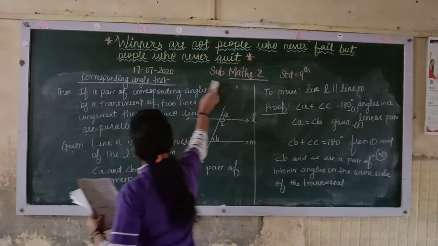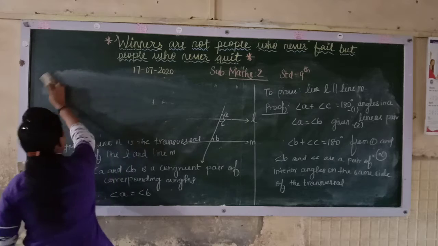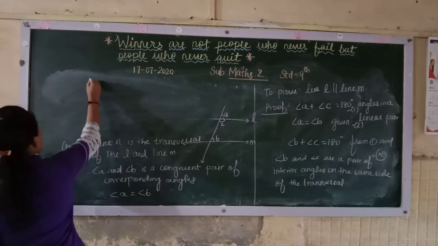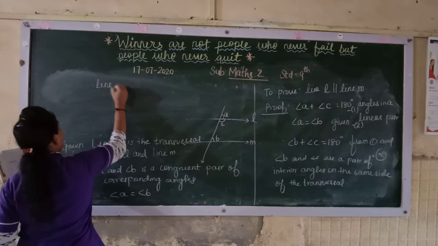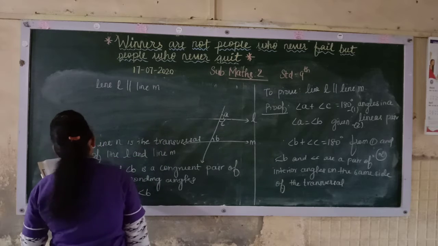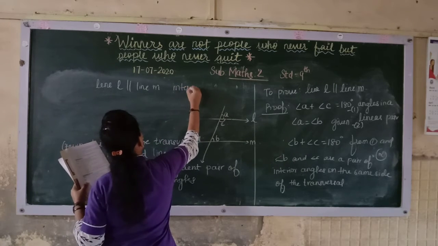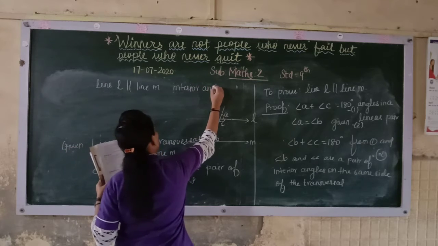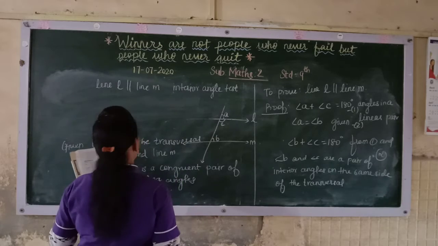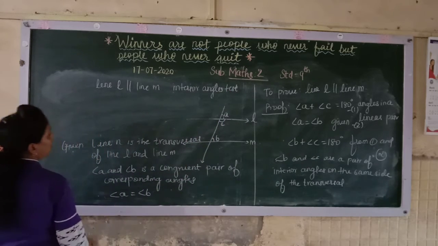Now here you will get therefore line L is parallel to line M, and the reason you will get interior angles, and this property what it is known as corresponding angle test for parallel lines.